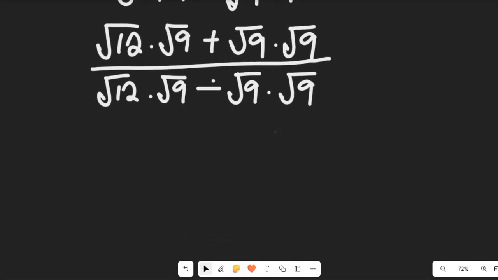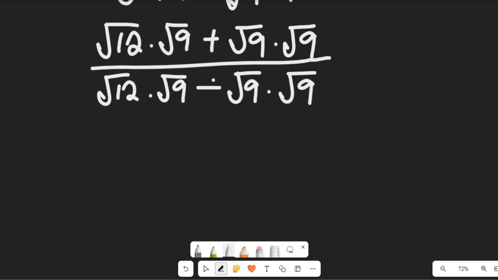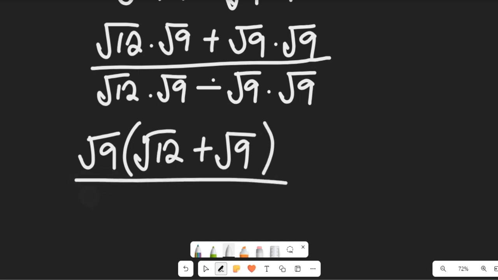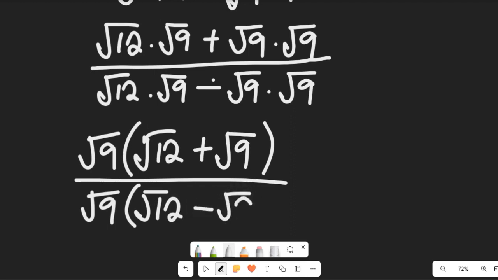From these two expressions, we can seek a common term. In the numerator, the square root of 9 is common. If we bring that out, we have the square root of 12, because dividing by the square root of 9 gives us the square root of 12, then the square root of 9 remaining here, and all this is divided by, again with the square root of 9 common, the square root of 12 minus the square root of 9.